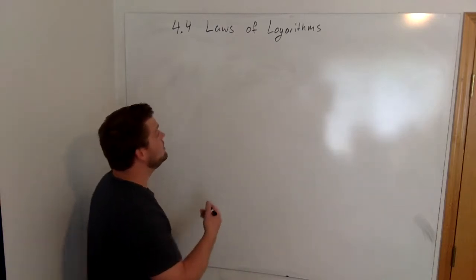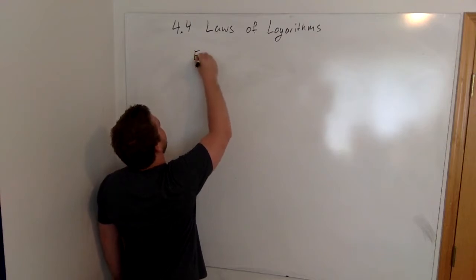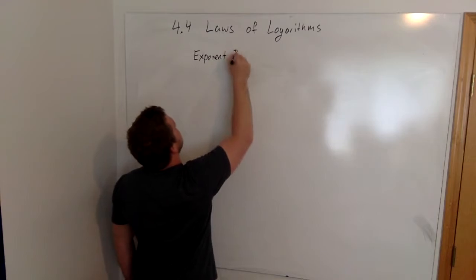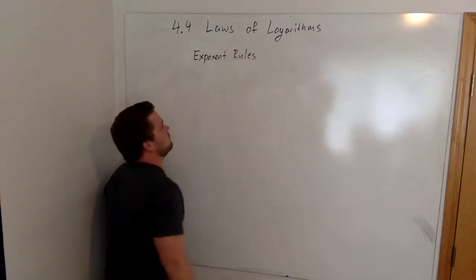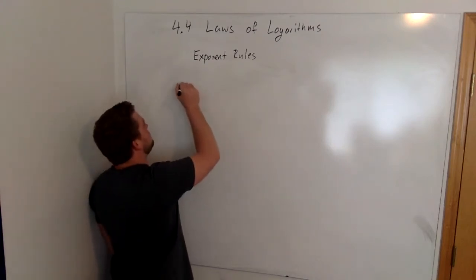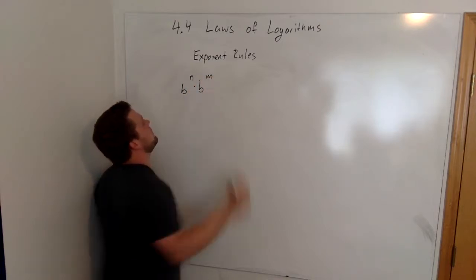So let's recall some exponential rules. Exponent rules. For example, let's say we have b to the n times b to the m.